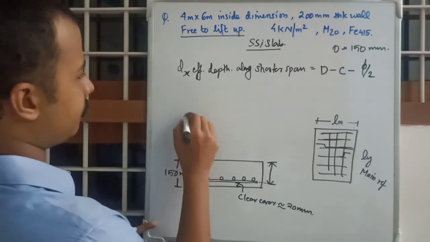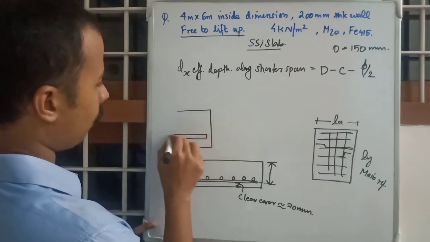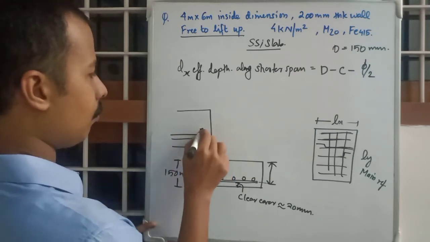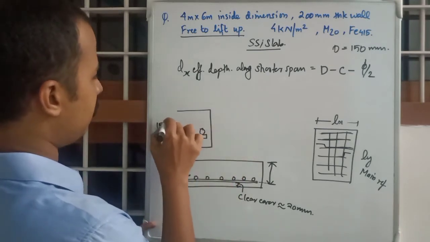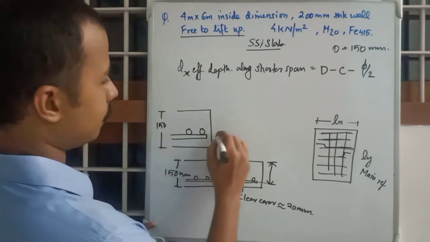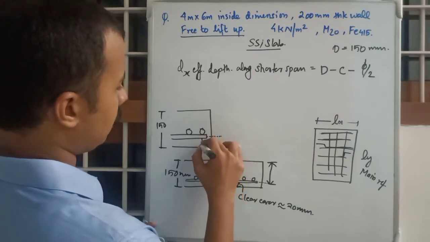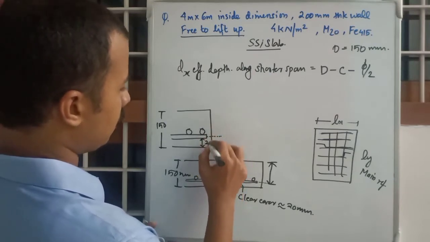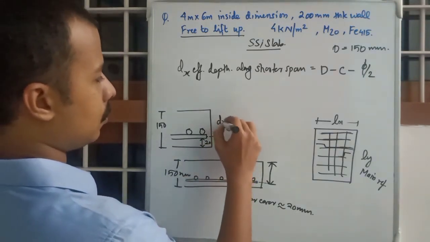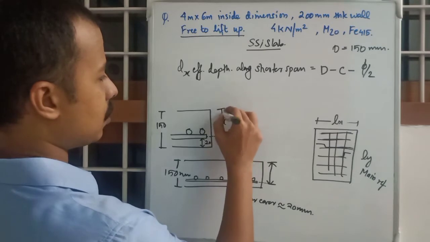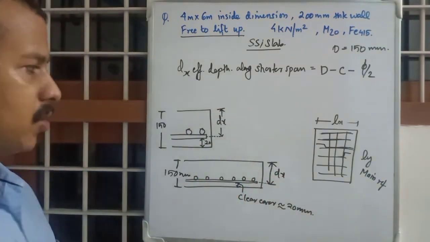If this is 150, we want this dimension, this is 20.